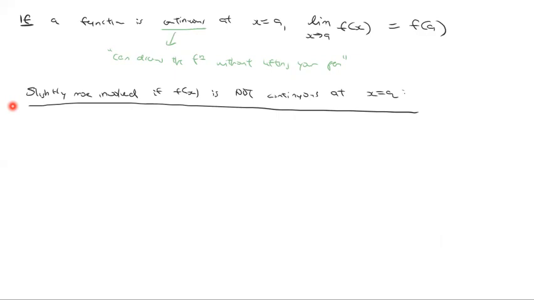It's more or less the same. So let us look at our previous example: f of x equals x squared minus 5x plus 6 over x minus 2. Now note x can't equal 2, so this will clearly not be continuous.